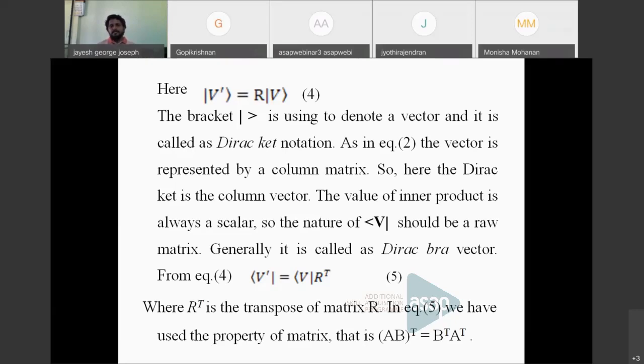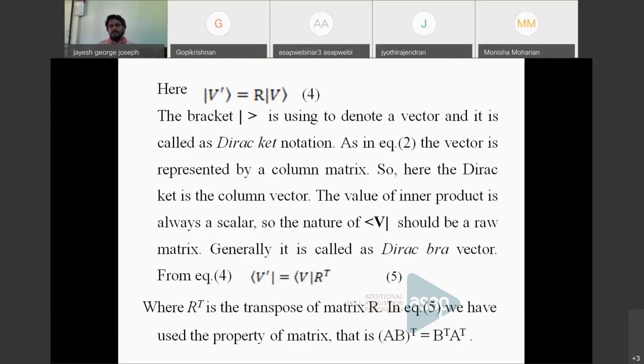So the vector written on the left side should be a row matrix, because a row matrix multiplied by a column matrix leads to a scalar. The nature of the vector on the left side is a row and on the right a column.